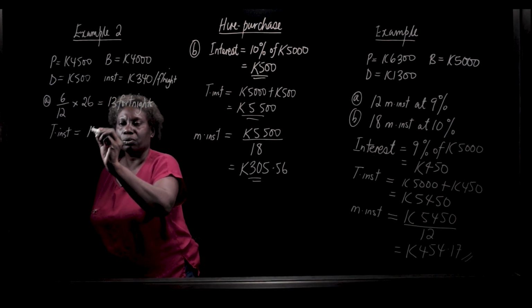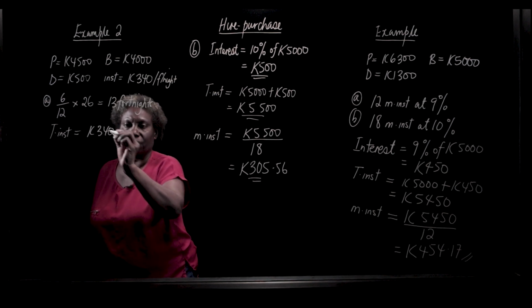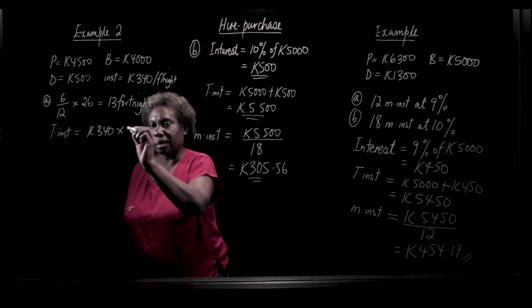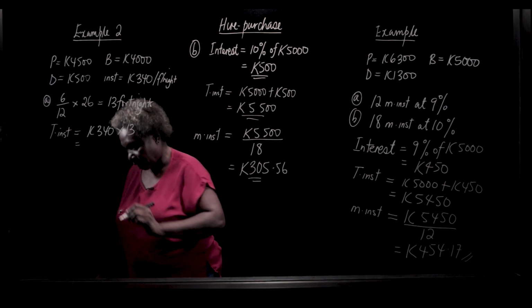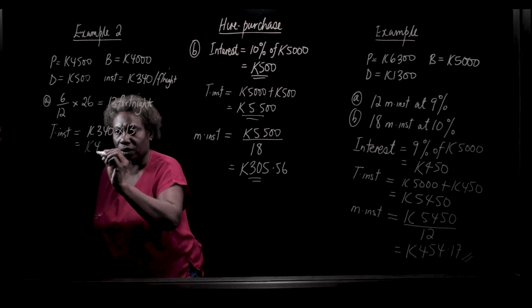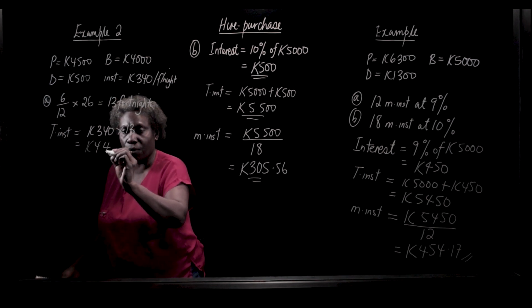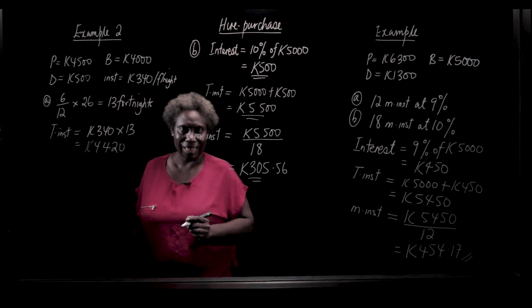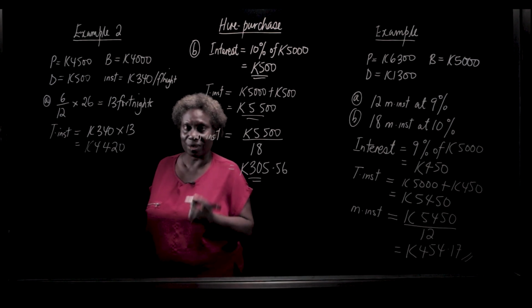That is equal to 340 kina multiplied by 13 fortnights. That gives us 4,420 kina. Let's work out the interest.